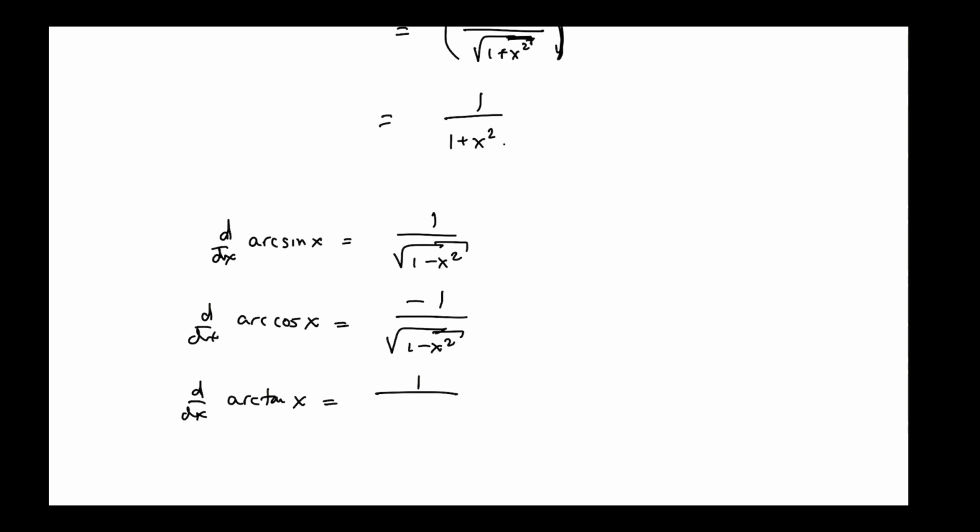Now, why don't we have arc cotangent, arc secant, and arc cosecant on this list?